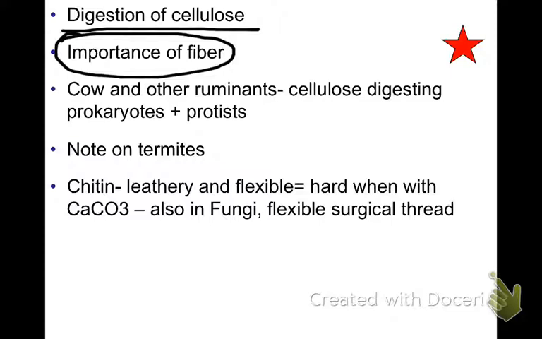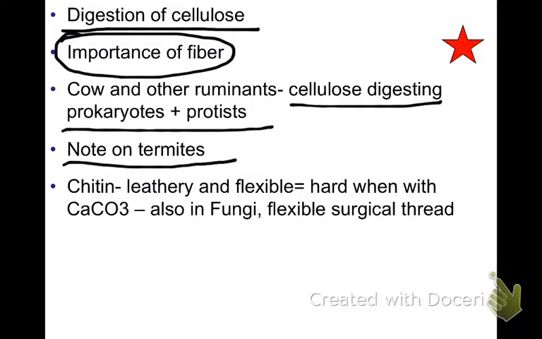That helps in easy passage of food and wastes. Okay, so inside the cow you would have cellulose digesting prokaryotes and protists. They also are present in termites, and that is why they are able to eat wood.